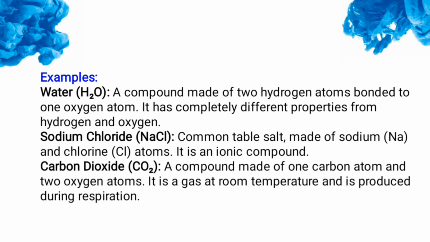It is a gas at room temperature and is produced during respiration. Compounds are chemically stable and have a constant composition. The properties of compounds are very different from the properties of the individual elements that form them.